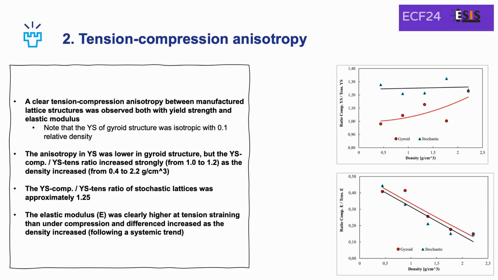But with gyroid structures, the trend changed completely when increasing the density. So the anisotropy grew as the density grew. But with stochastic structures, we basically saw the same trend despite the density that was used for the specimens. In elastic modulus, we see exactly a similar trend between both of these lattice structures.